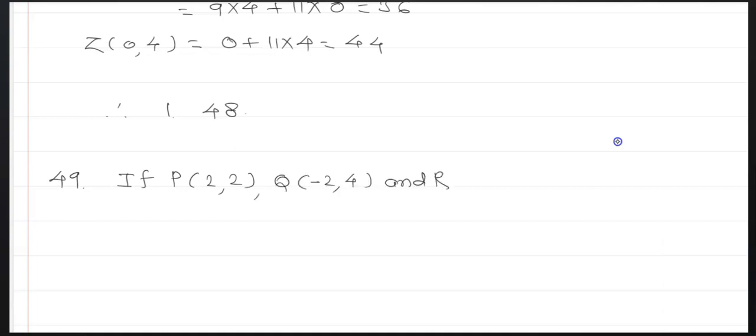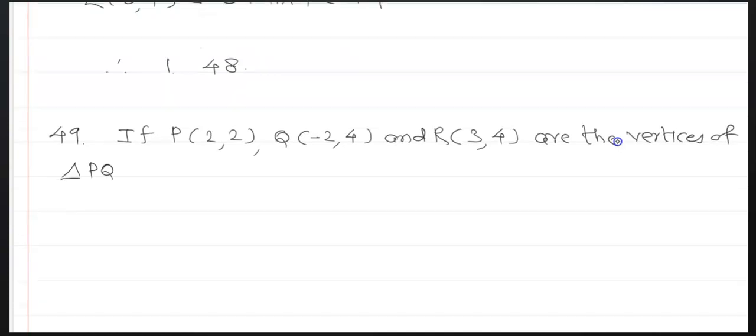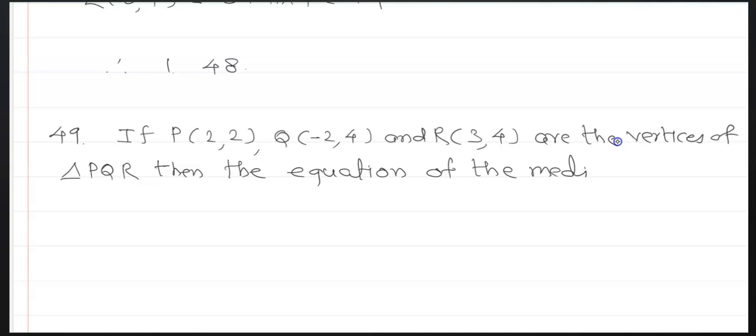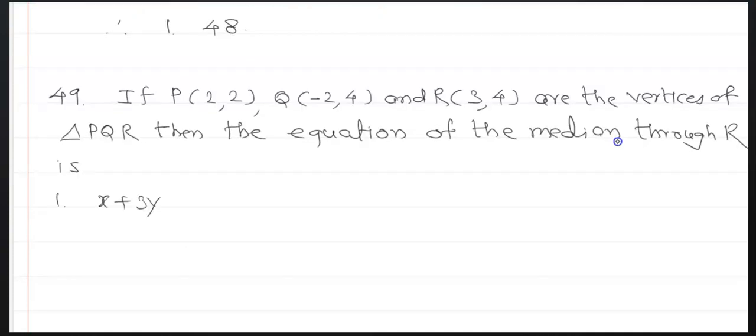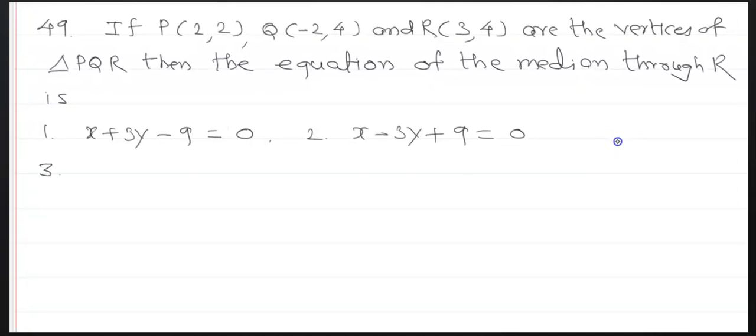Question 49. P(2, 2), Q(-2, 4), R(3, 4) are the vertices of triangle PQR. Then the equation of the median through R is... a very simple question, I think from the 9th standard.